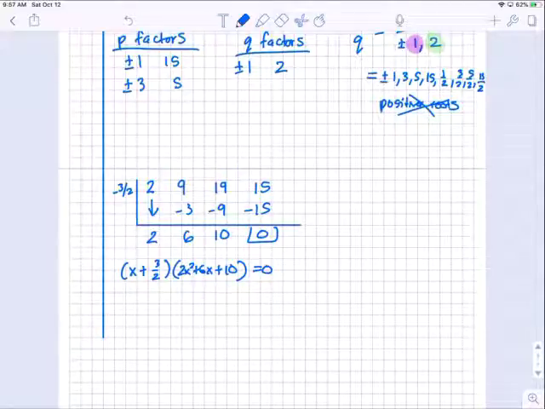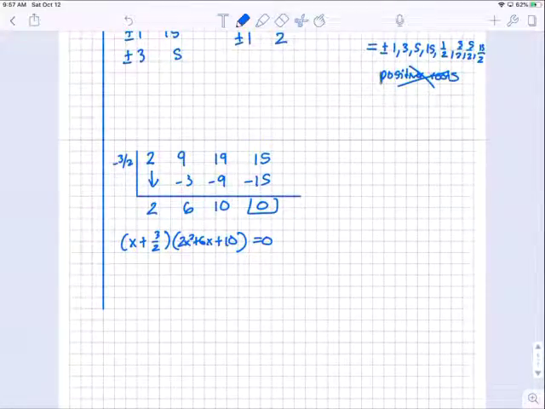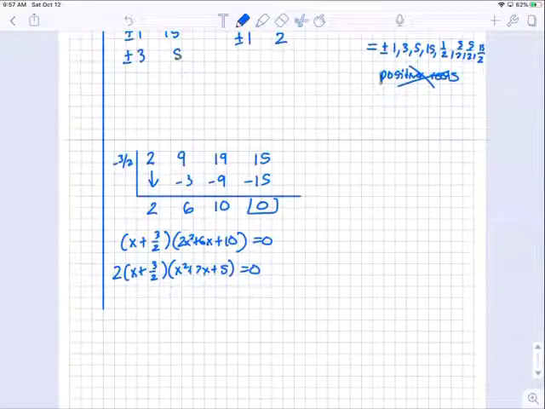So I'm going to factor out a 2 from this one. x plus 3/2, and I'm bringing the 2 to the outside, x squared plus 3x plus 5 equals 0.